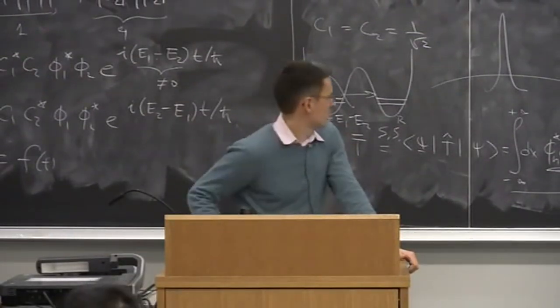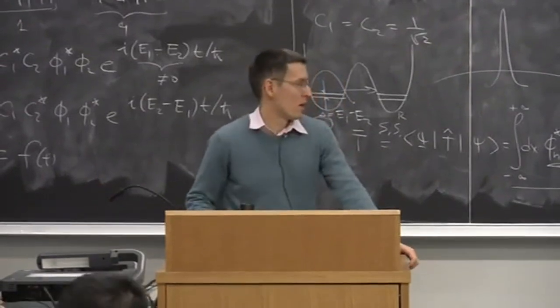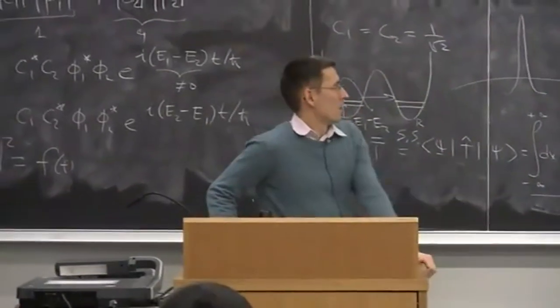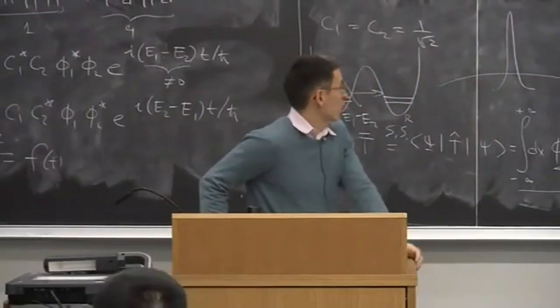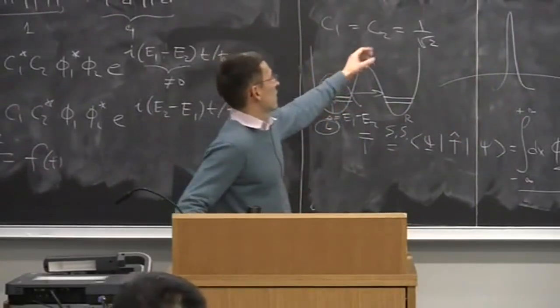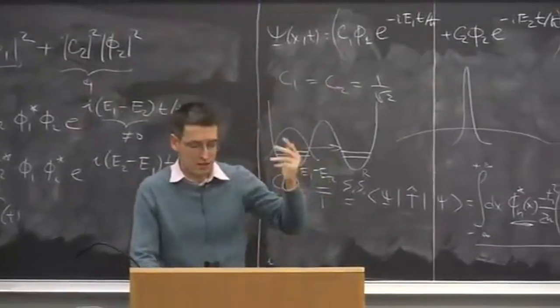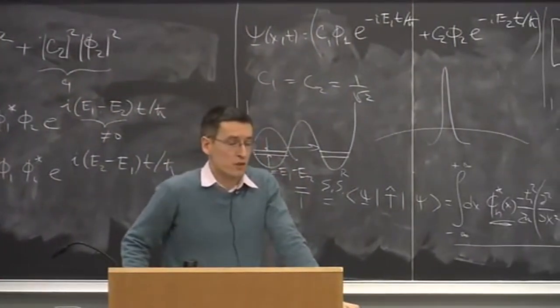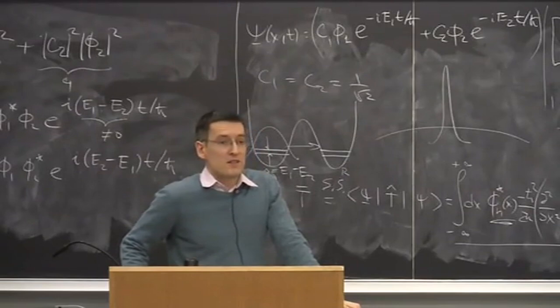We can illustrate this more once we start solving the time-independent Schrödinger equation for simple systems. Then we'll have the phi functions, and I'll show you some computer simulations for the probability densities.